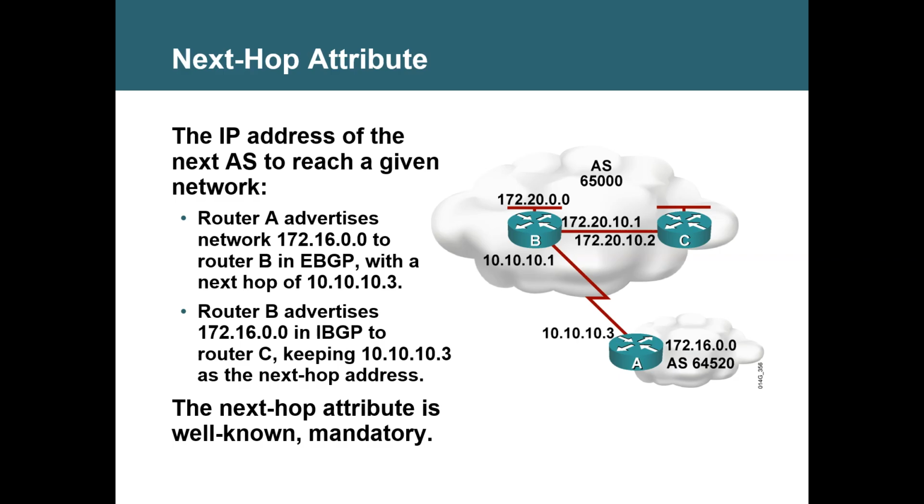This is to say that the next hop address is carried. Especially what we need to focus on here is when the next hop address is advertised to an IBGP neighbor, the EBGP address is carried inside IBGP. That's a very important point that we should know. Other than that, it's a usual thing. Every routing protocol will advertise a next hop.